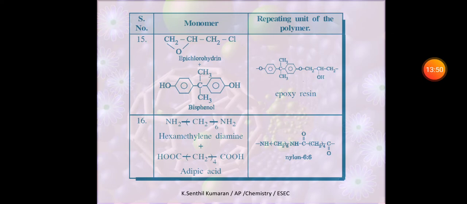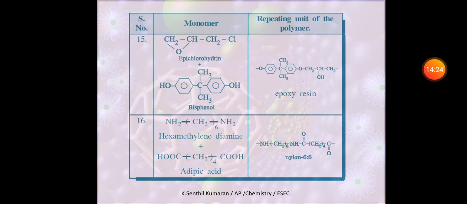Why is it called nylon? In nylon, the first two letters NY represent the New York scientists, and the other letters represent the London scientists. Both of them synthesized this polymer, so we call it nylon 6,6.